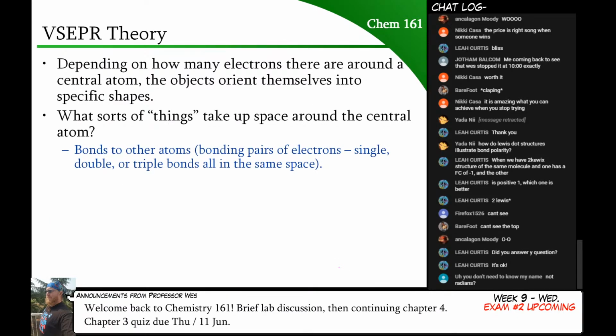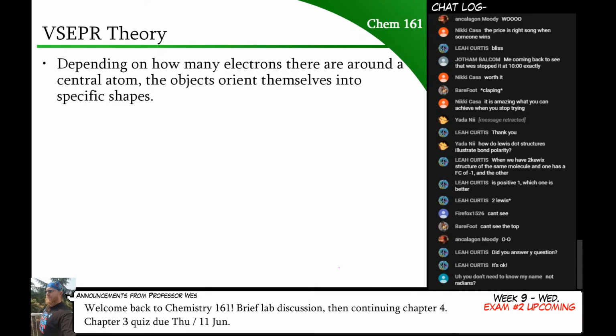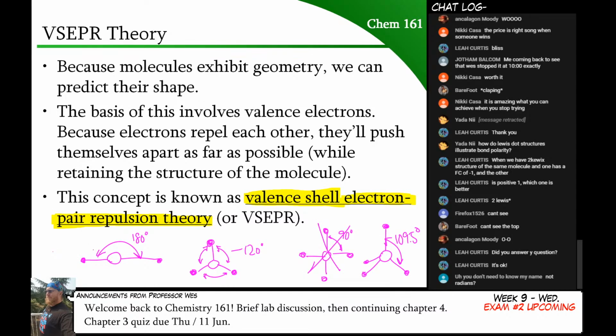All right. Now, what are the things that take up space? So in my little drawings here, I just drew kind of a purple blob. In this purple blob would be anything negative. Okay? Now, if I were going to list things that were negative, that would be stuff that you would see in a Lewis structure around the central atom. And so that could be an electron pair, or it could be a bond.